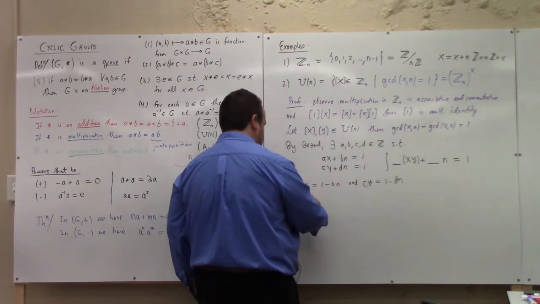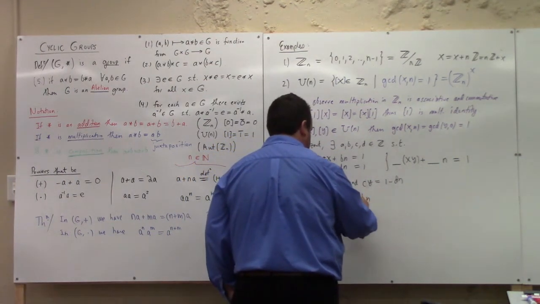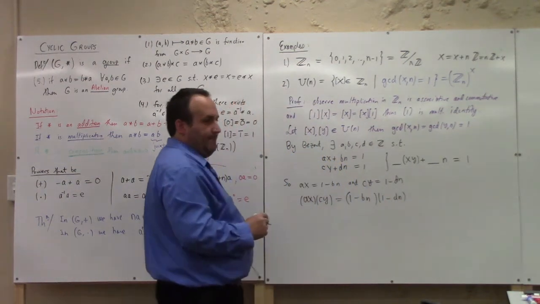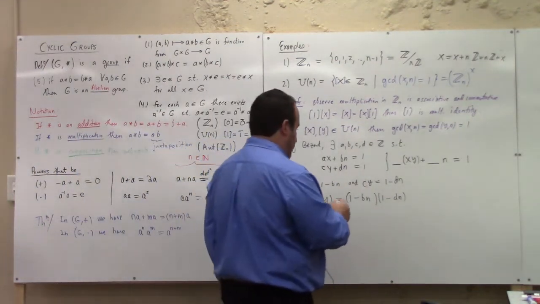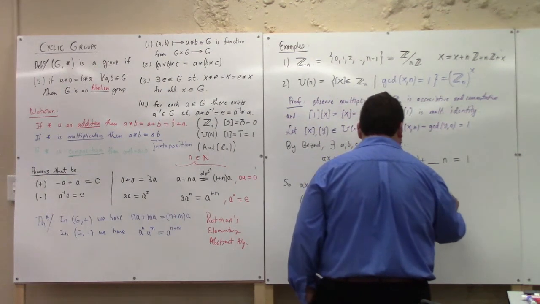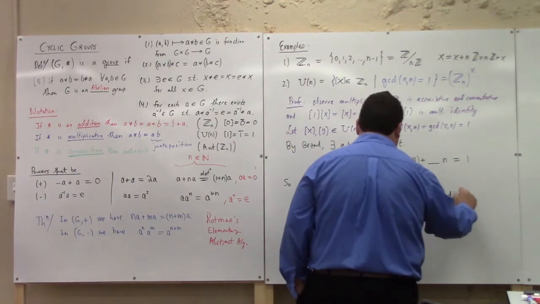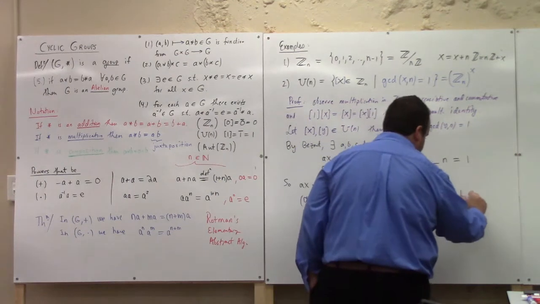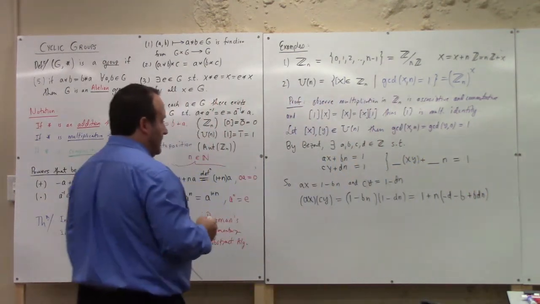So AX times CY is equal to (1 minus BN) times (1 minus DN), right? What does that give us? Well, it gives us 1 plus n times what? We got ourselves a minus d minus b plus bdn, right? Rewrite that.